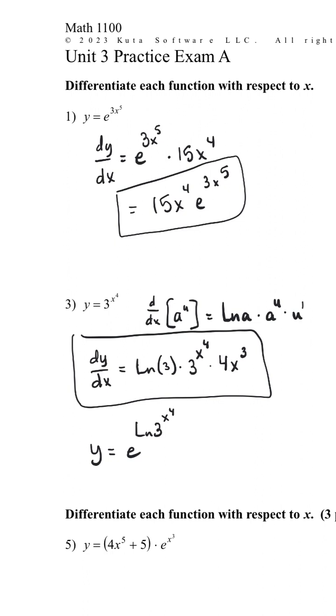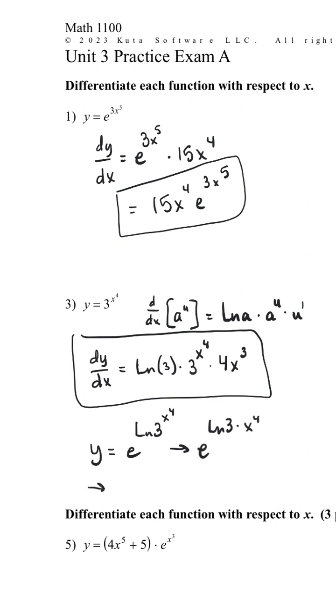And then use rules of exponents and rules of logarithms. The power rule specifically says you can take the power, move it down to the front. Rather than moving it to the front, which is typical, I'm going to just move it down off to the right side. So this could be e to the natural log of 3 times x to the fourth.